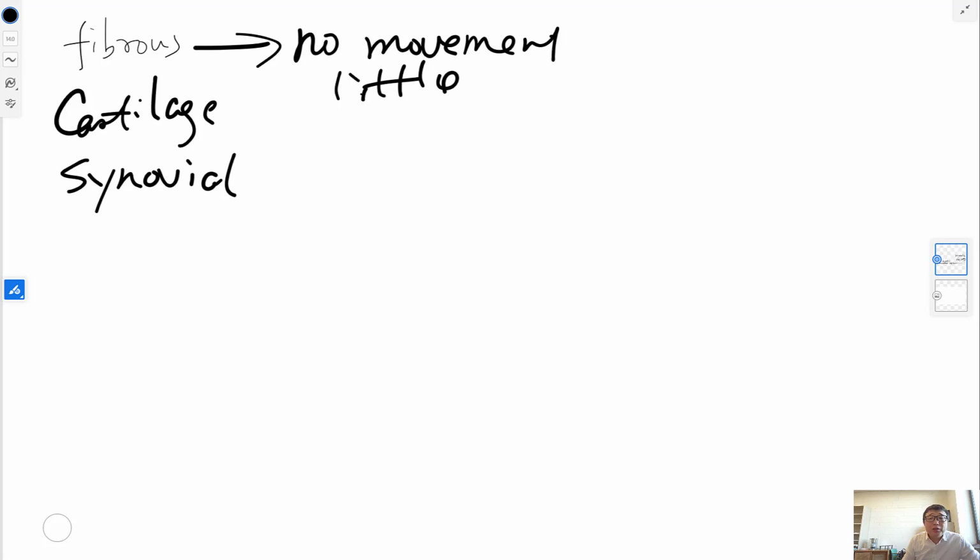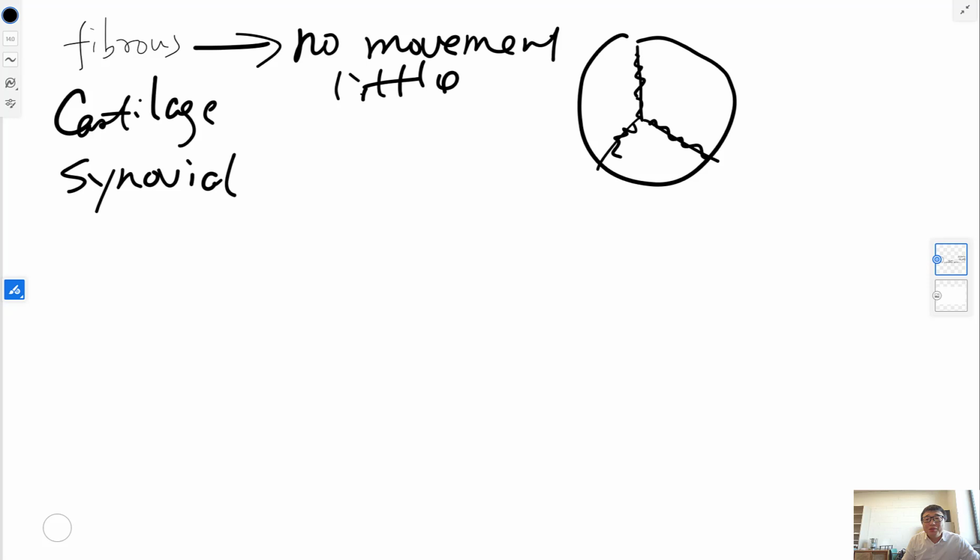Mainly, in most cases, two bones are connected to each other by a simple, dense connective tissue. One of the examples here is the skull. If you look into the skull from the top, you see something like a peace sign.